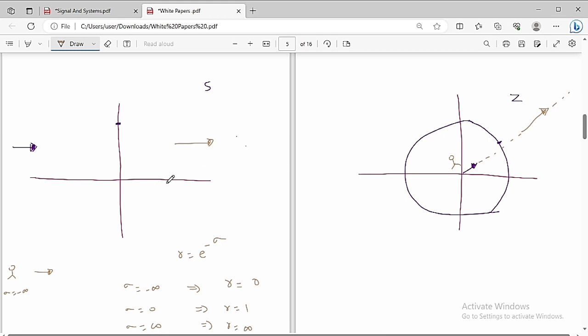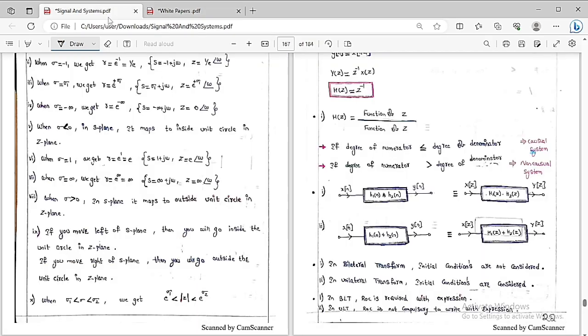Very simple, right? So simply I can say, whenever you are going to move from sigma equal to minus infinity to sigma equal to 0, then you are moving from point circle to unit circle. If you are going from sigma equal to 0 to sigma equal to infinity, then you are moving from unit circle to infinite circle. So this point always you have to keep in your mind.